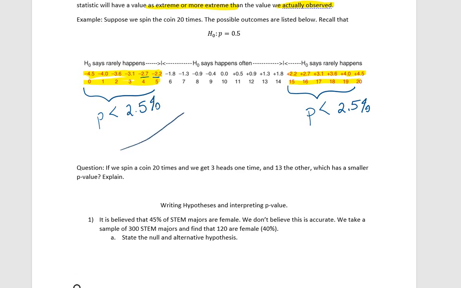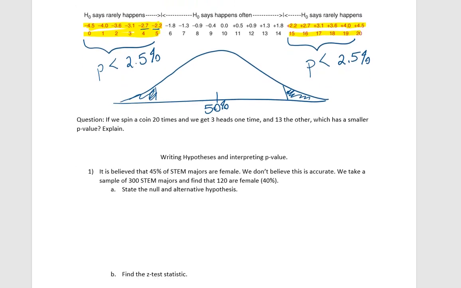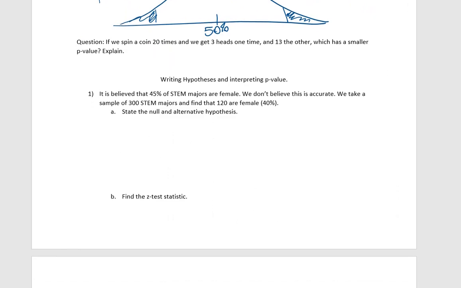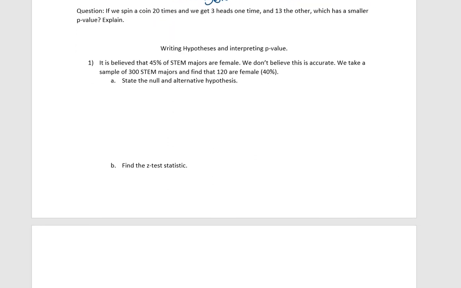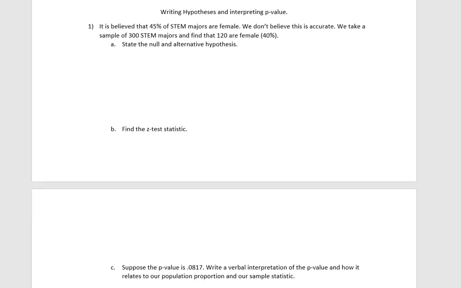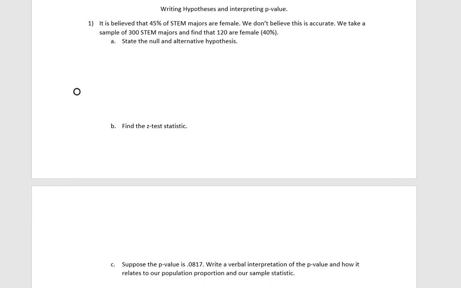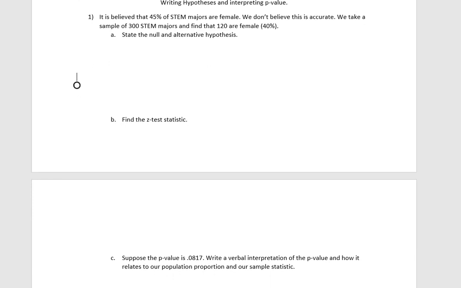The reason is because remember, if I draw a normal distribution, most of the time I'm going to get 50% heads, and the probability I get 5 or less heads is down here in these tails. So what we're going to do is skip this question and get on to writing the hypotheses and interpreting the p-value.